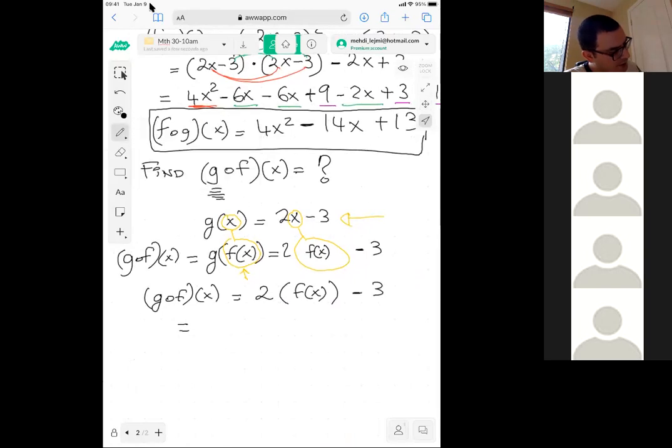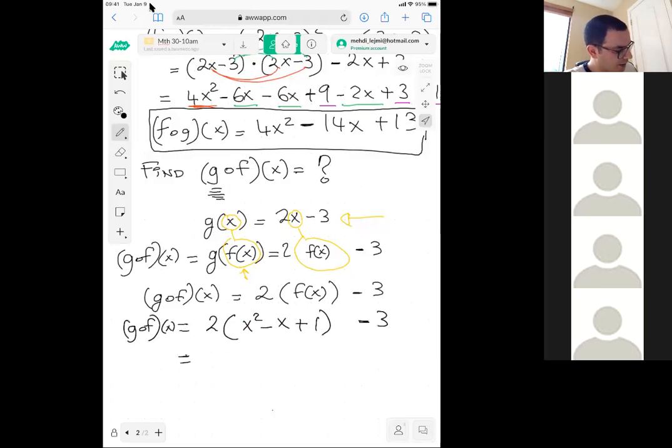So this is g composed with f of x. It's 2 times f of x, which is x squared minus x plus 1, and then there's this minus 3 here. Okay, so let's distribute. So that will be 2x squared minus 2x plus 2 minus 3.